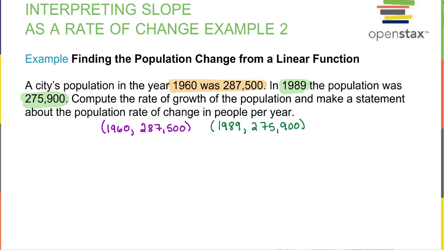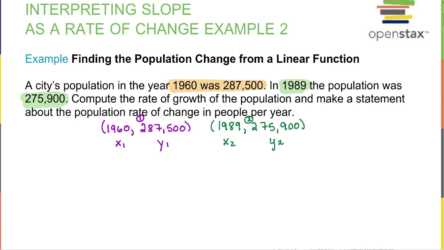Now, if you remember, to find slope, you find the change in y, or the change in output values, over the change of input values. So to use that formula, first I'm going to label my points. This will be point 1, so this is x1 and this is y1, and this is point 2, so this is x2 and this is y2.